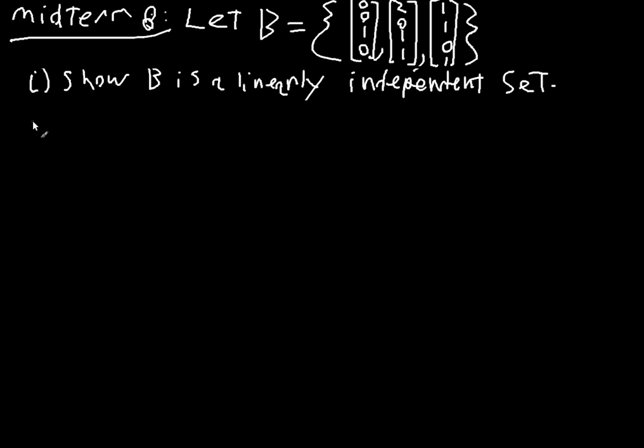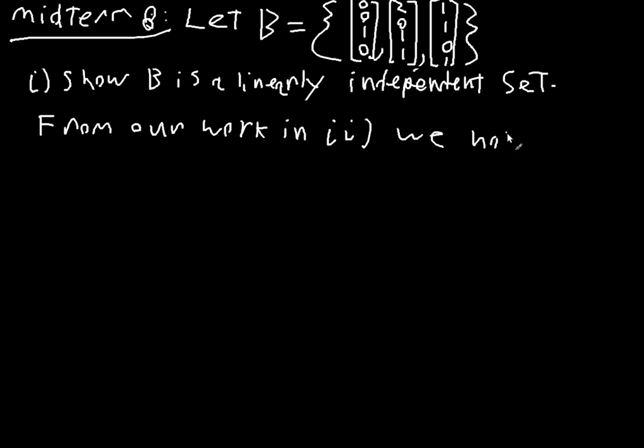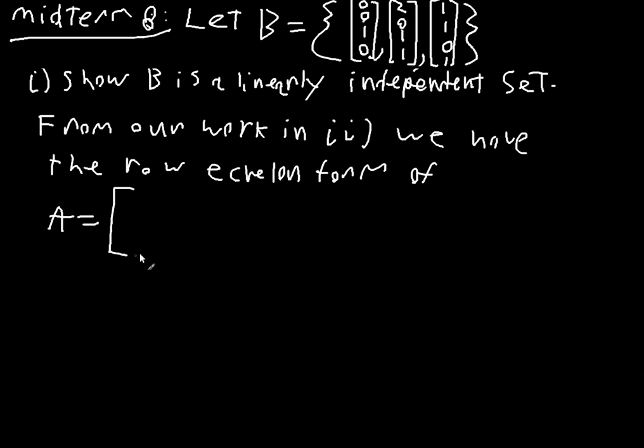All we have to do is see that from our work in part 2, we have the row echelon form of, let's say, A, which equals the matrix associated to B: 0, 0, 1, 0, 2, 0, 1, 1, 1, 1, 0, 1.